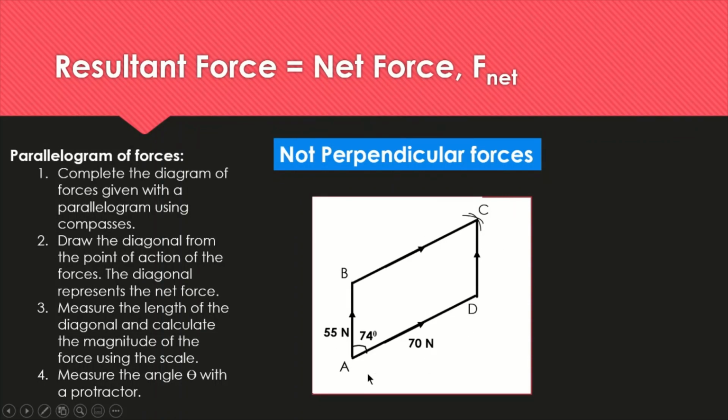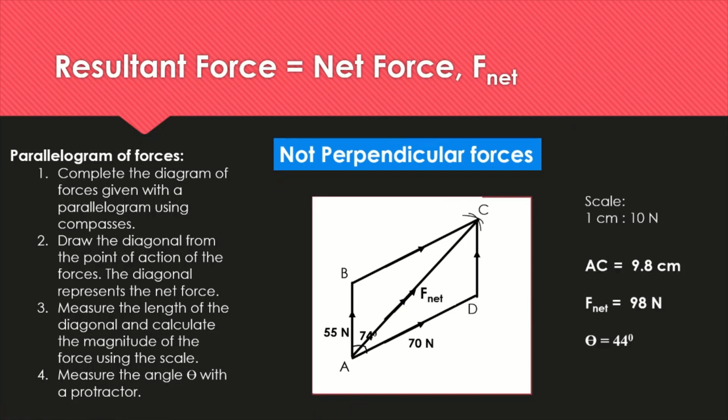The point of action is A, the object is at A. So from A, we draw the diagonal to C, and this is our net force.